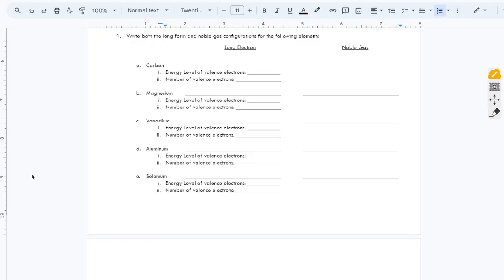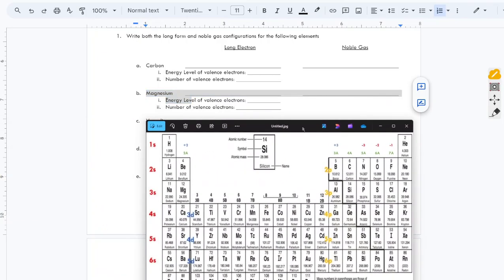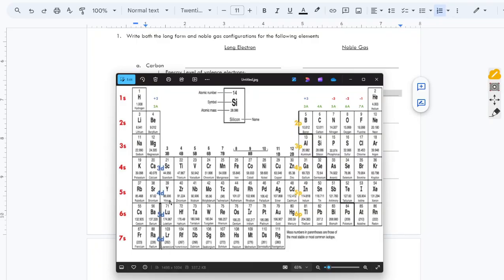Let's see, which ones do we want to do? I'll help you out. I feel like these two are pretty easy, so you can do those. I'll help you out with vanadium first. Let's find, I forget where that one is on our periodic table. All right, let's search it up. Man, I'm always tempted to look right here.